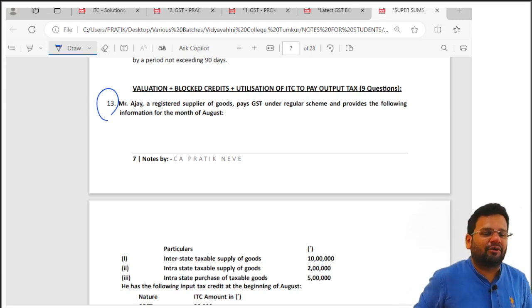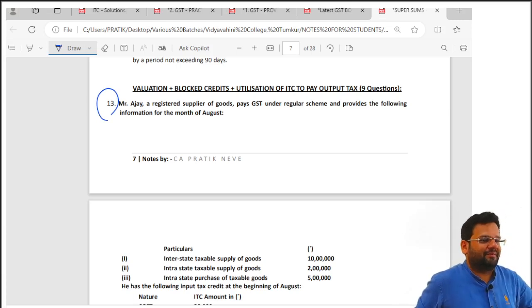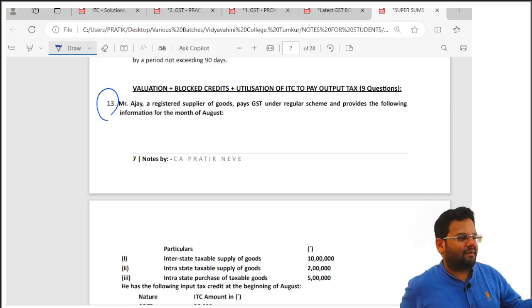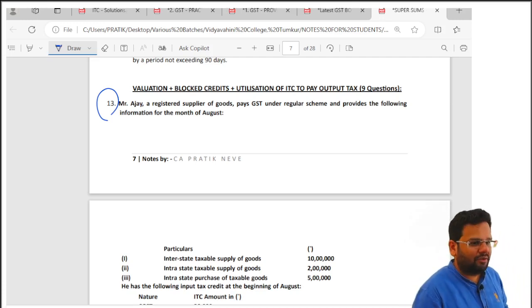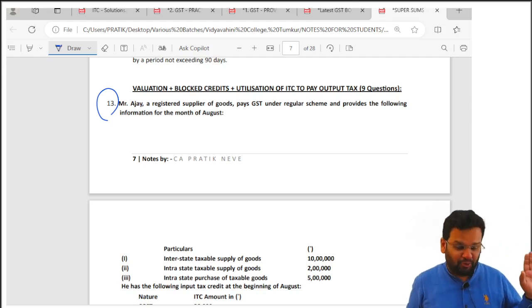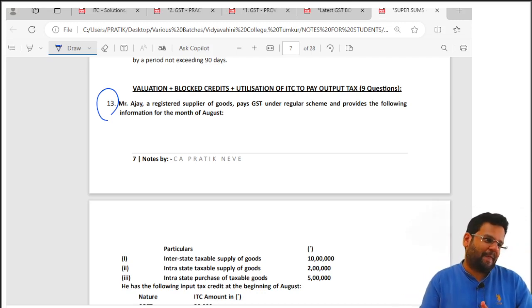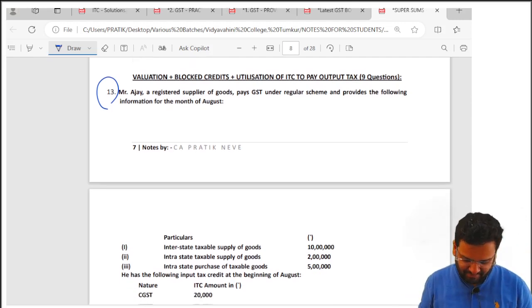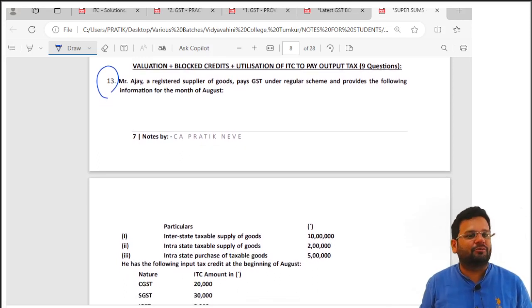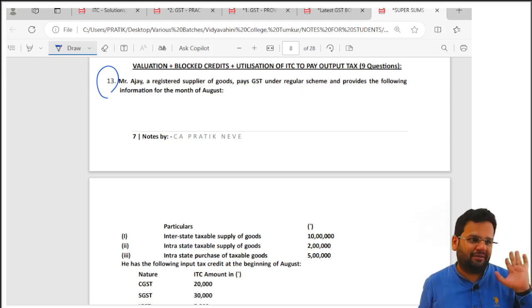I think we have already solved few questions from this. Of valuation we have solved that day. One of the question answer was 13,11,000. And another question. These were two questions we have already solved. Go to 13th question. What is your promise to me? Not to check solutions. Apply your mind.